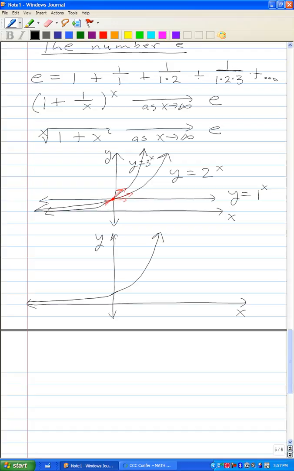And so if I look at the tangent line, so this is y equaling e to the x, then this is the tangent line to this curve.